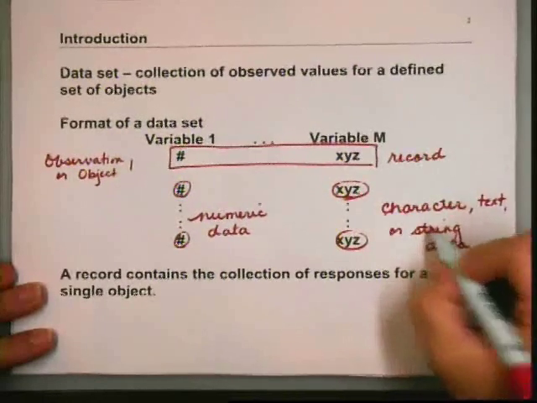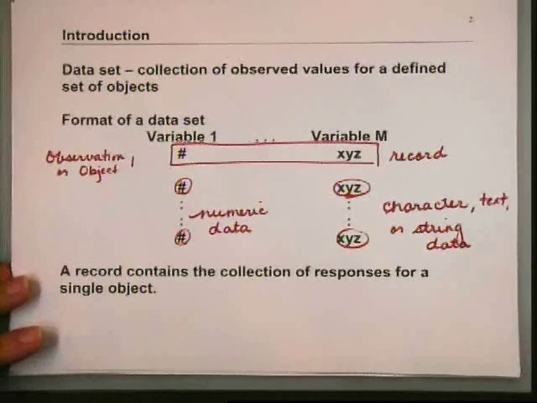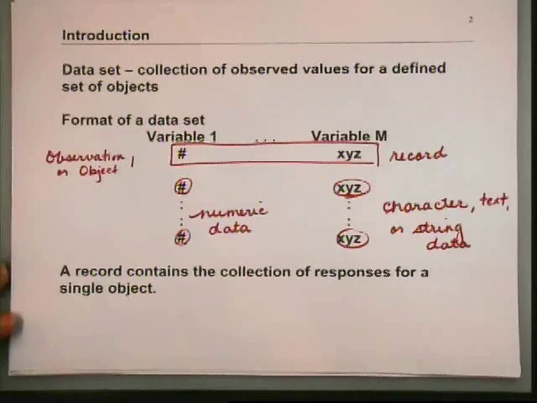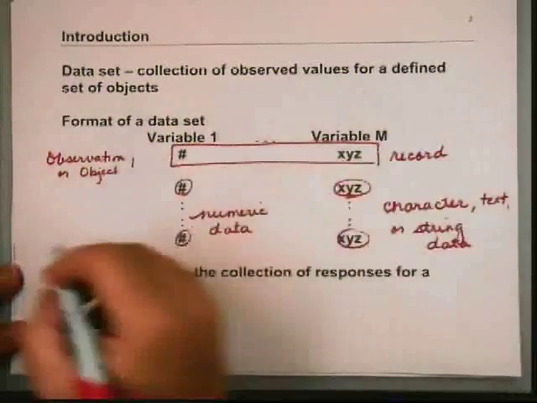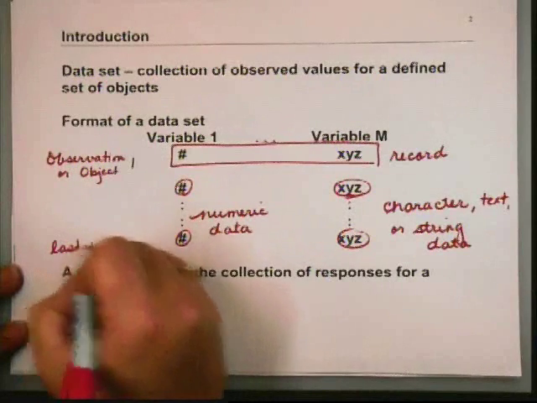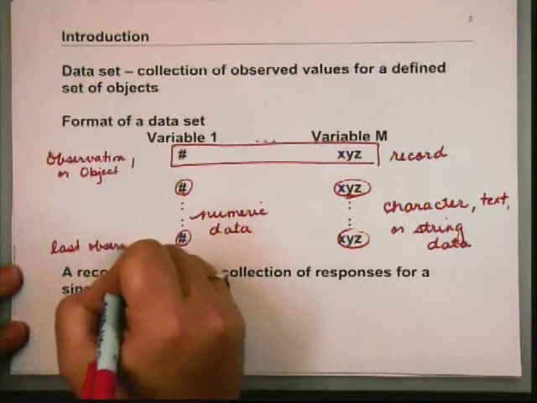Most of the things we look at in this course are numeric data. There are a few areas where we will talk about character data. Okay, so we have our first observation in row 1, and our last observation given down here in the last row, of course.